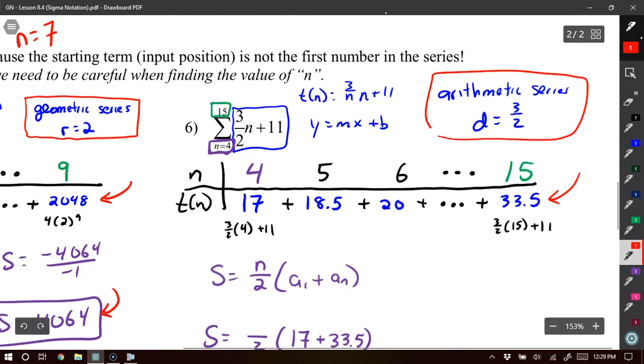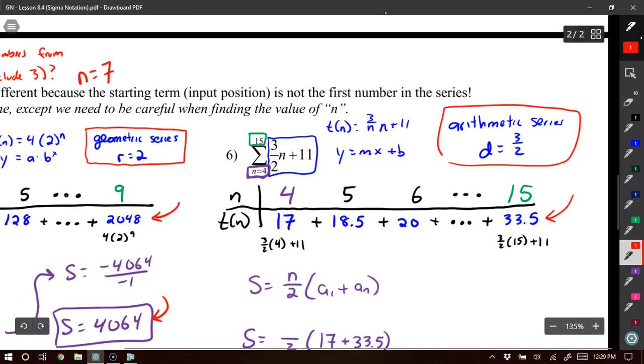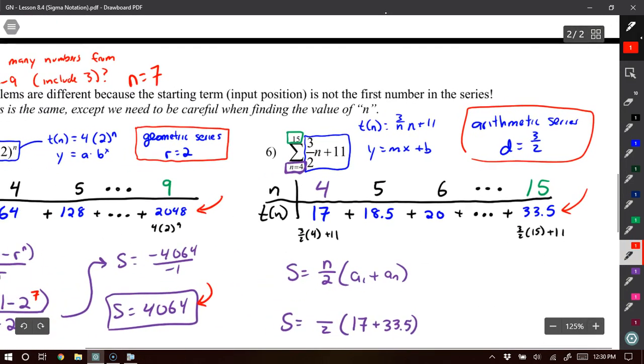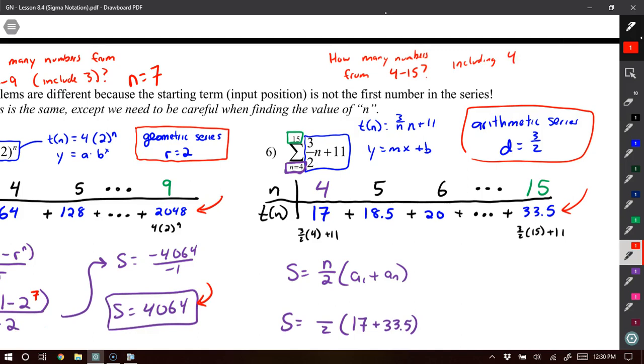I am starting at the fourth term. I'm not starting at the first term. So how many numbers are there from 4 to 15? And that means you are including 4. In that case, there are 12 numbers.